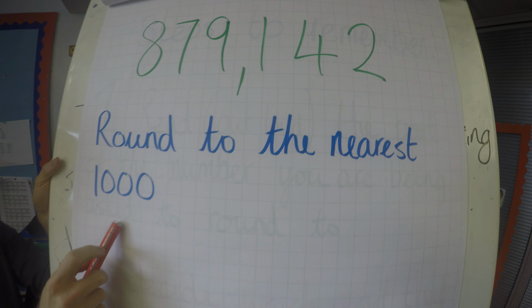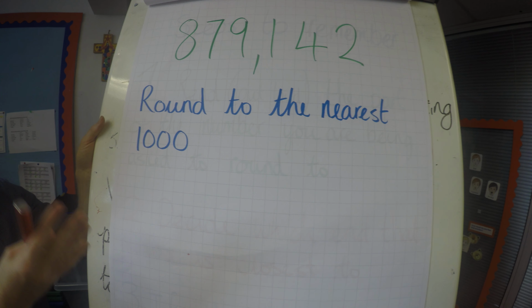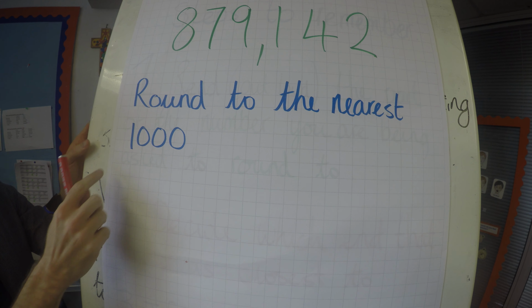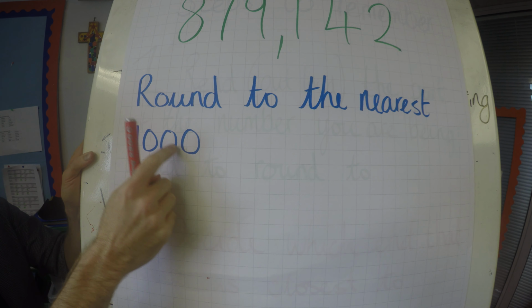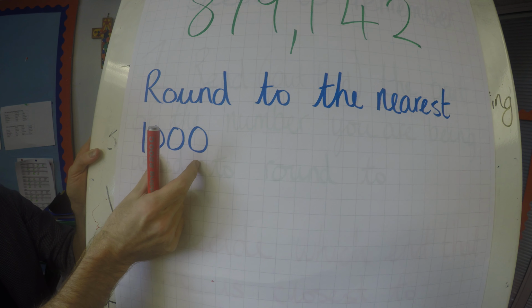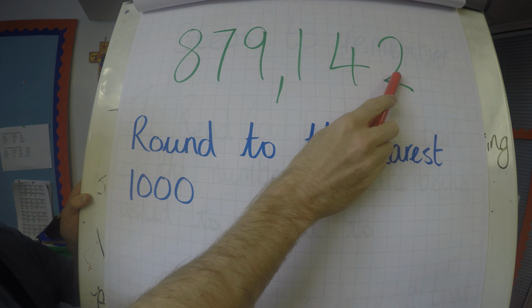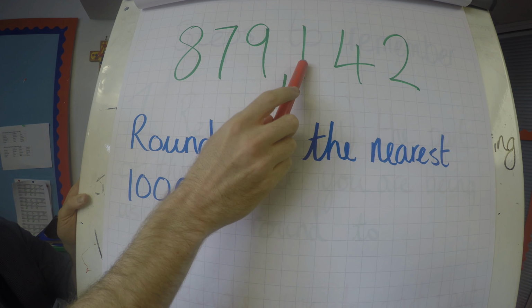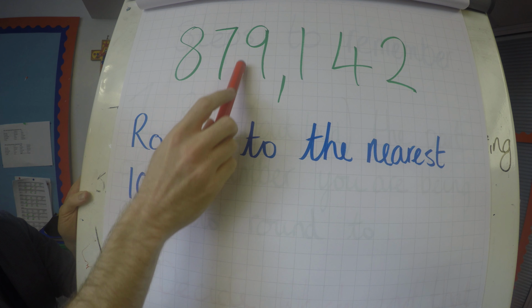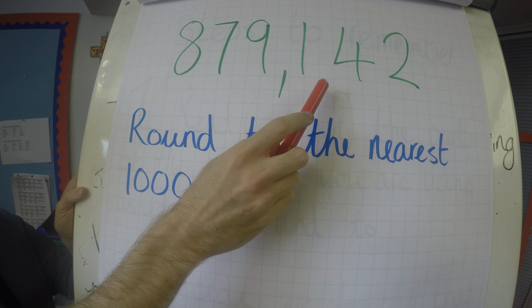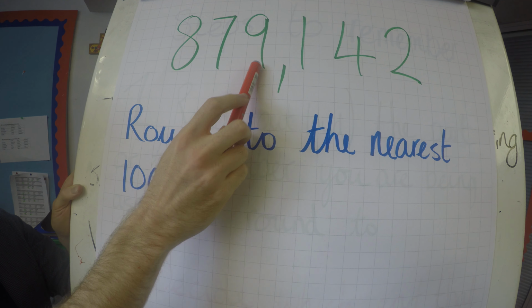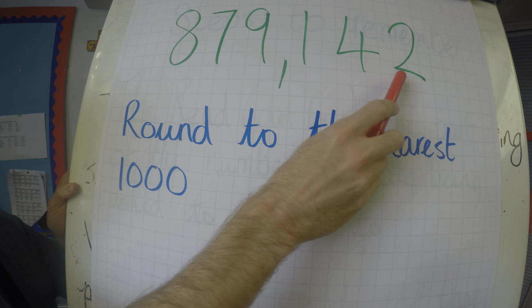Again, I'm going to read the number from the part that I'm being asked to round to. This time I'm being asked to round to the nearest 1000. So I look at my thousands column, ones, tens, hundreds, thousands, and I read the number from the thousands column to decide where it is: 9142.